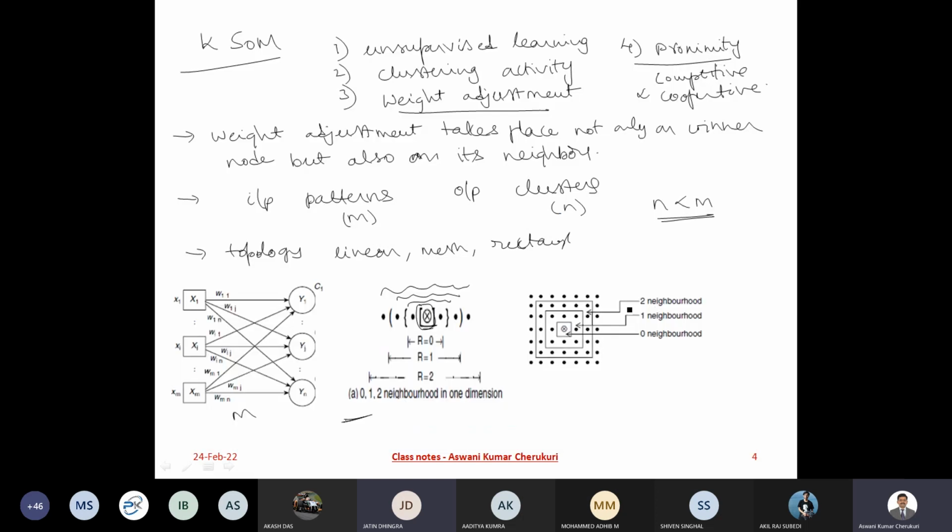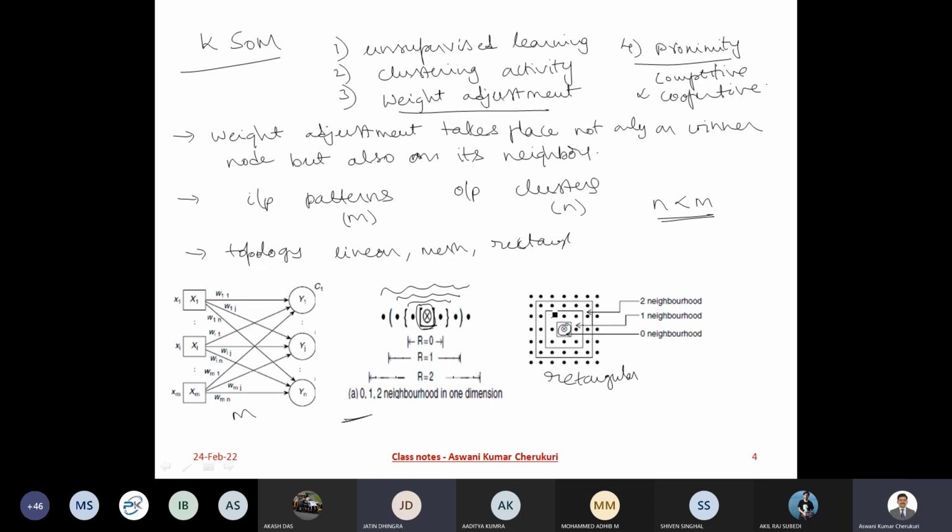Now you can see what we have seen in the case of Mexican hat is the linear arrangement. Of course, even this is also a linear arrangement. If you have the nodes like this, it is a linear arrangement. Now look at the rectangular arrangement. If you have a network, you may be having a rectangular arrangement. Even for a rectangular arrangement, if you notice, this is the 0 neighbor, this is the radius 0, and this is radius 1.